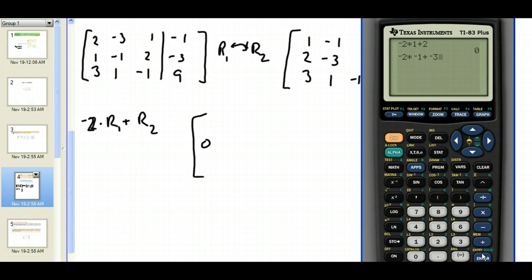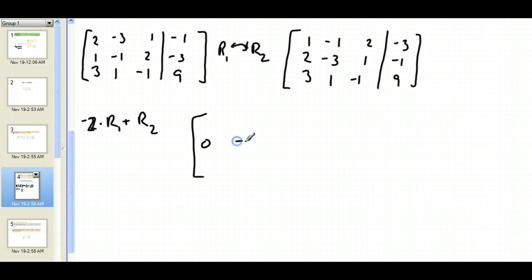So negative 3, and I get a negative 1. So right here I got a negative 1. And again, you can just do it in your head. I mean, negative 2 times 2 is negative 4, and then negative 4 plus 1 is negative 3. But you can use your calculator if you're not comfortable with your properties of integers. Don't forget to do it to the augmented side, to the constant side.